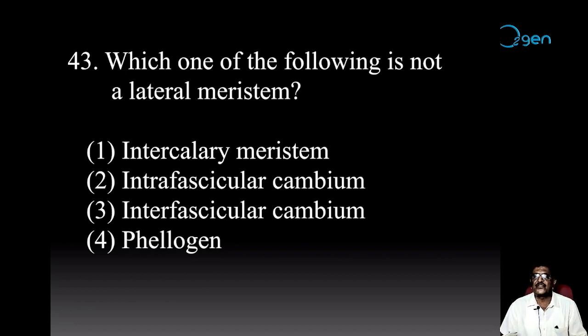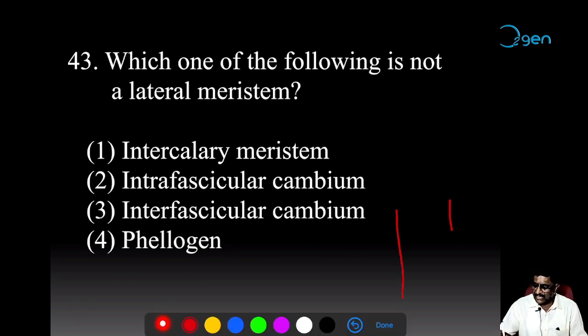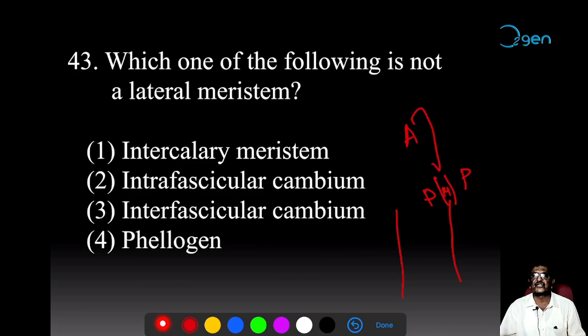43. Which of the following is not a lateral meristem? In the plant stem, which is not a lateral meristem? The intercalary meristem. We studied intercalary meristem earlier. It is a meristematic tissue between two permanent tissues. If meristematic tissue is present there, it is called intercalary meristem. These are cells left out from the apical meristem. So that is not a lateral meristem.